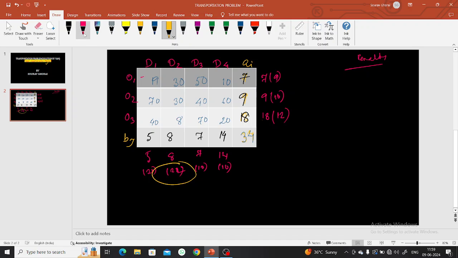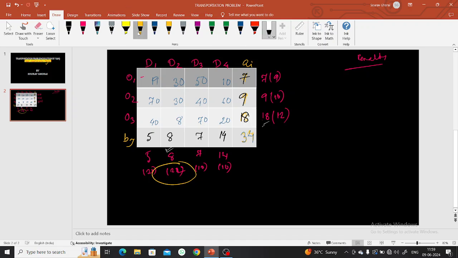Now try to find the minimum element of that column, which is 8. What is the demand? 8. And what is the supply? 8.